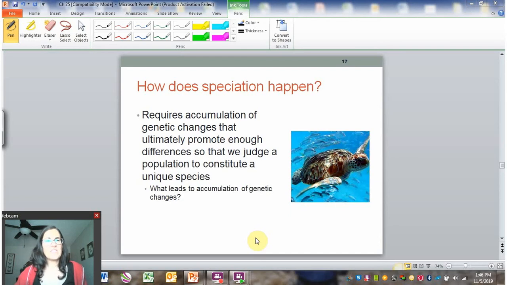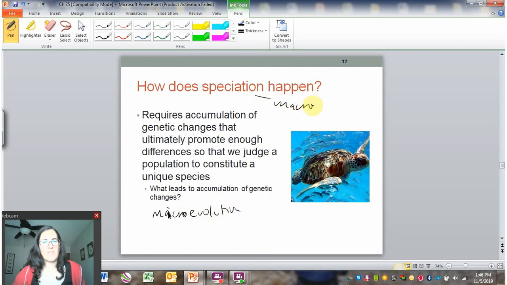So this is, again, kind of from the human lens. And so what leads to those genetic changes? What's going to cause those genetic changes? Microevolution. Okay, so speciation is macroevolution, but microevolution is contributing these genetic changes that eventually lead to speciation.